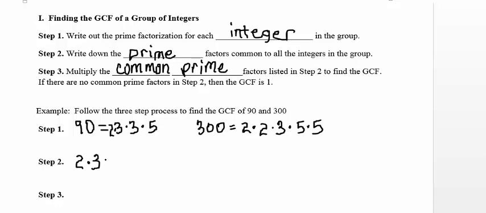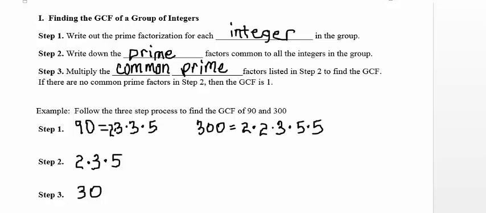So we write 3 once as a factor in the GCF. And then 5 appears once as a factor in 90, twice as a factor in 300. So we write it once as a factor in the GCF. So 2 times 3 times 5 is 30.